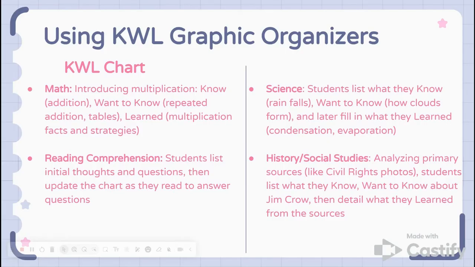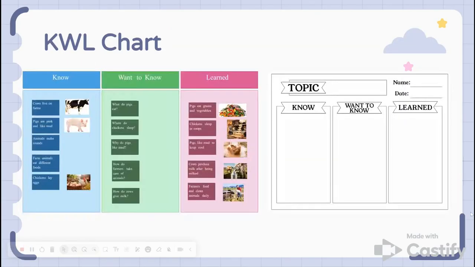Or finally, in history and social studies, maybe using a KWL chart graphic organizer for analyzing primary sources, like civil rights photos. Students list what they know, want to know about Jim Crow, then detail what they learned from the sources. Here are a couple more examples of a KWL chart graphic organizer.